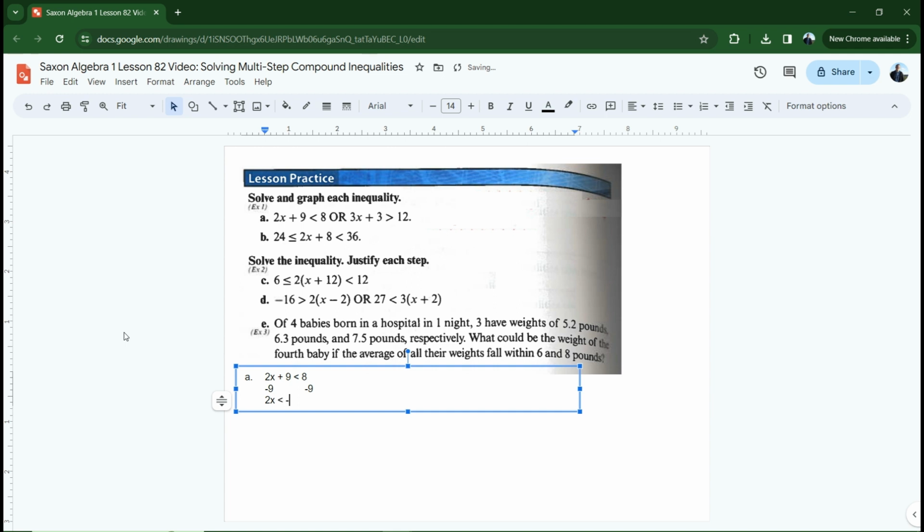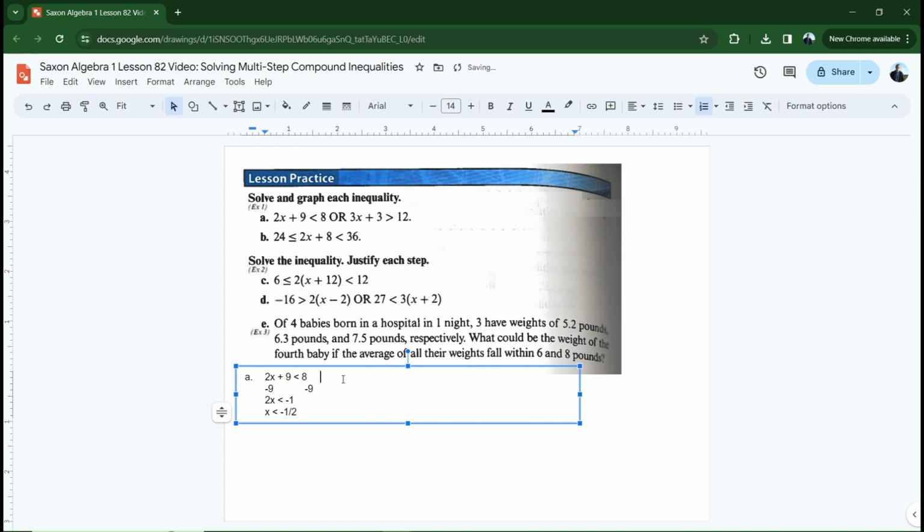Is less than negative 1. Now I need to divide both sides by 2. x is less than negative 1/2. And I'm just going to note that I don't actually have to flip the sign here because I divided by a positive number. I didn't divide by a negative, even though the other side is a negative.